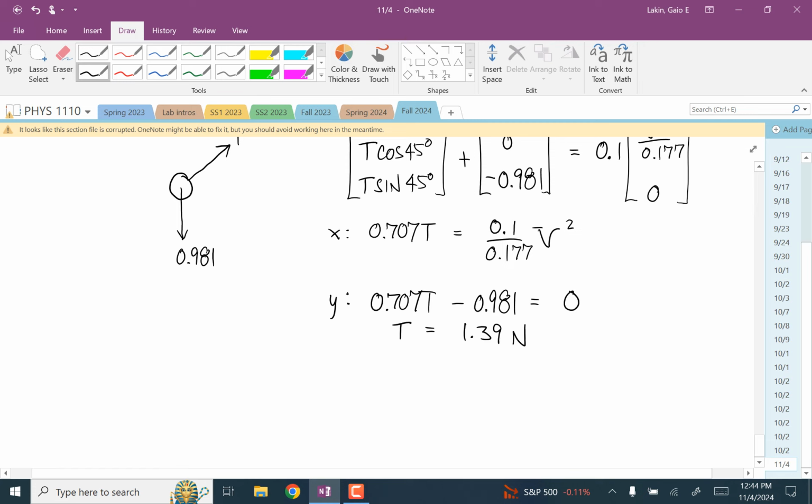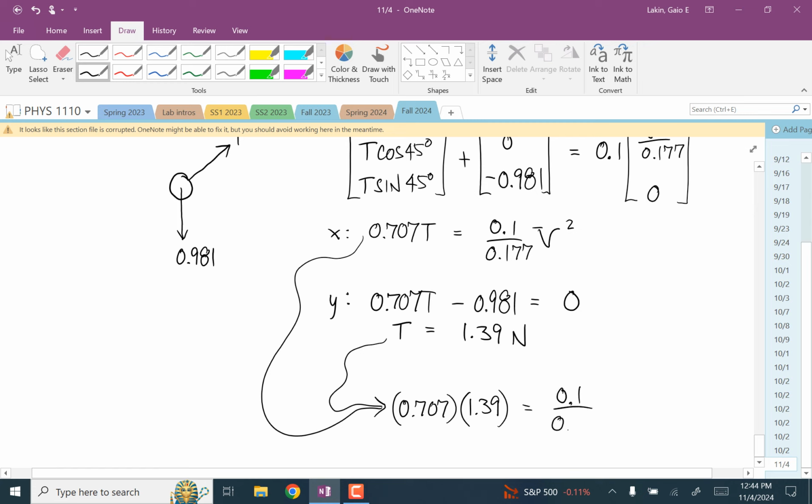And then we can plug that back into the x equation. So 0.707 times 1.39 is equal to 0.1 over 0.177 v squared.